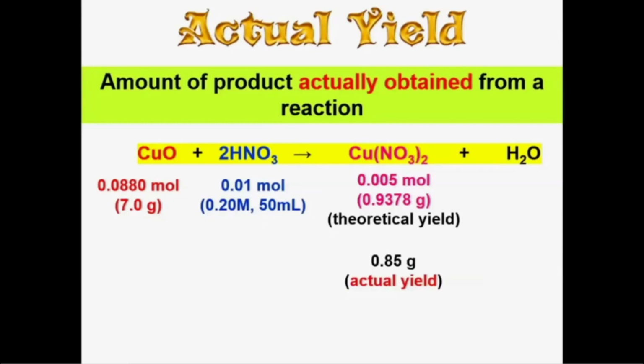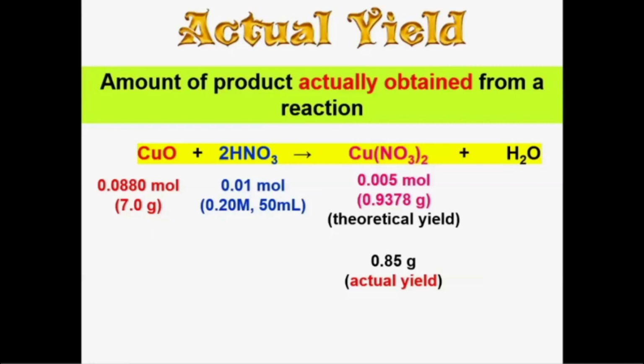Remember, 0.9378 grams is the mass of copper(II) nitrate that we should get based on the moles of copper(II) oxide and moles of nitric acid that we have.